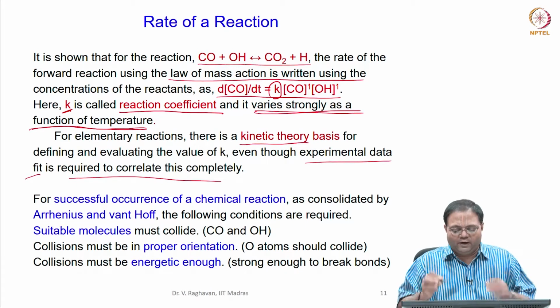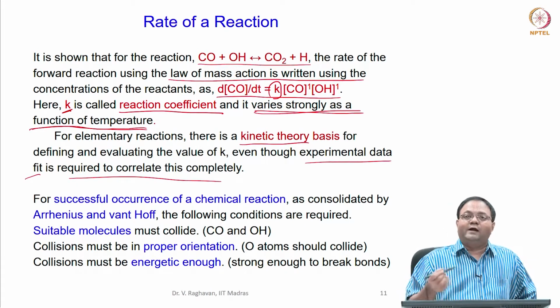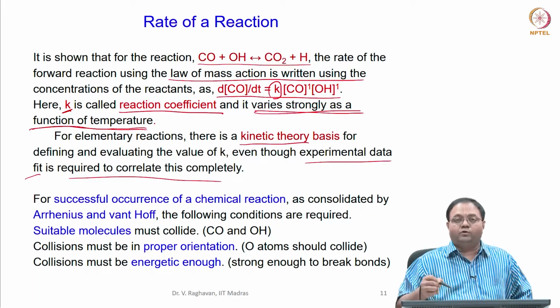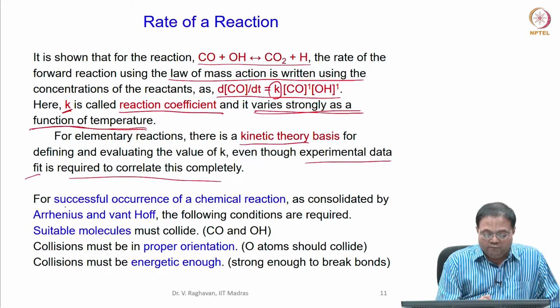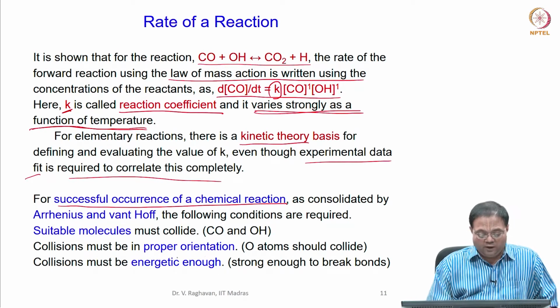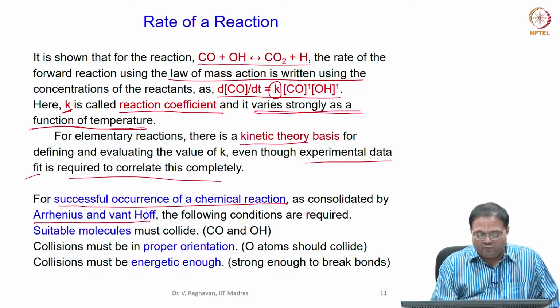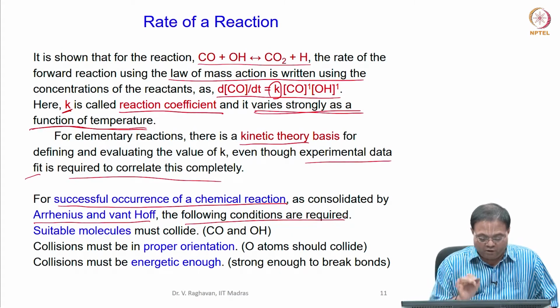So, what does kinetic theory say to evaluate the value of K? I have not gone into the entire derivation, but what it says I have just put it here. For successful occurrence of a chemical reaction, Arrhenius and Van 't Hoff have defined the following conditions to be satisfied. What are they?